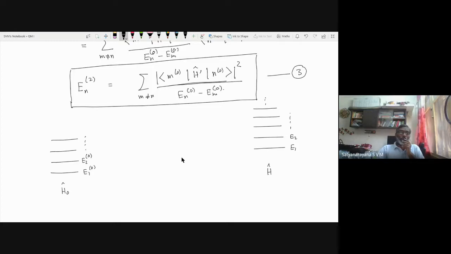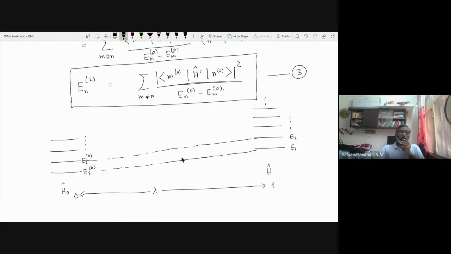Now what we are trying to say is that if you have some kind of a parameter lambda whose value is equal to 1 here and whose value is equal to 0 here, okay, each one of these energy levels will gradually go to this level. This energy level will gradually go to this level.